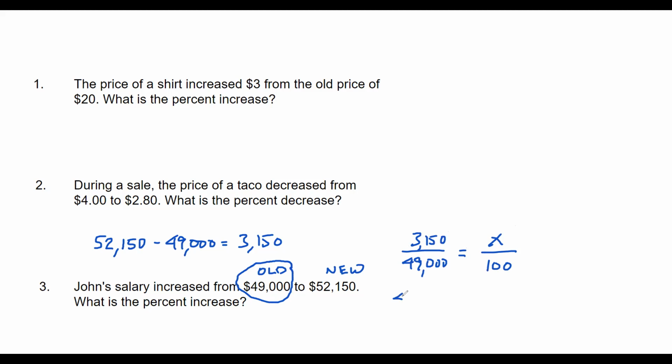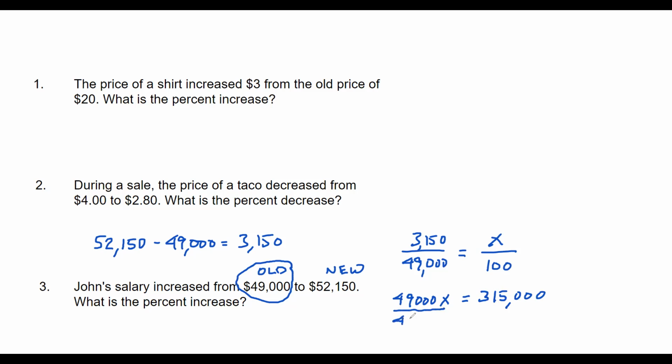It's going to be 49,000 times x, and that's going to be equal to 3,150 times 100. Do that in your calculator to make sure that you don't make a mistake, and you should get $315,000.